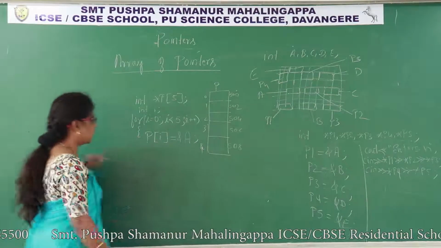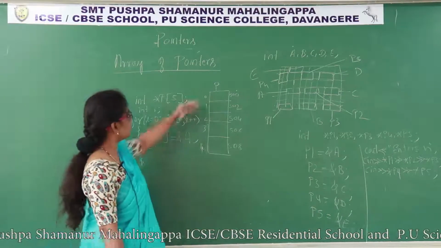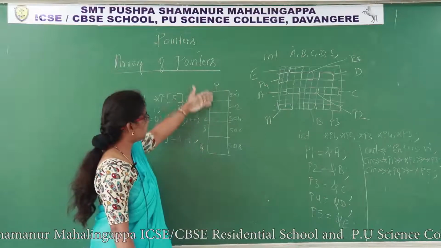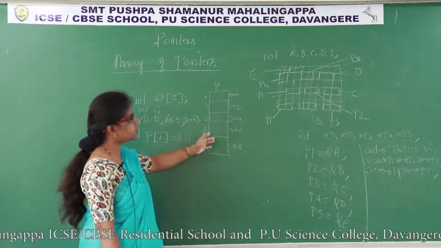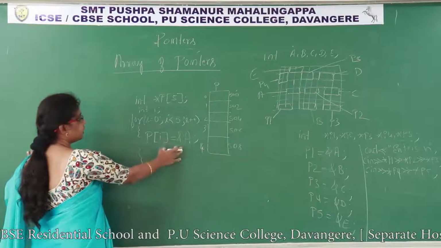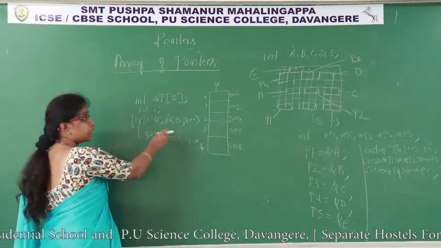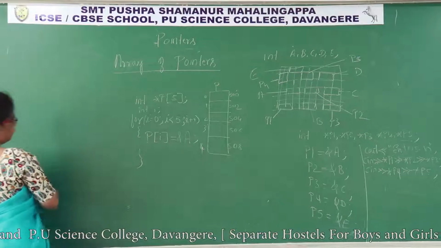If I write code like this, always it stores the address of A. Though it will be incremented up to here, it will move, but all memory locations get the value of address of A. That's why in order to initialize isolated variables address into array of pointers, we should not take loop.